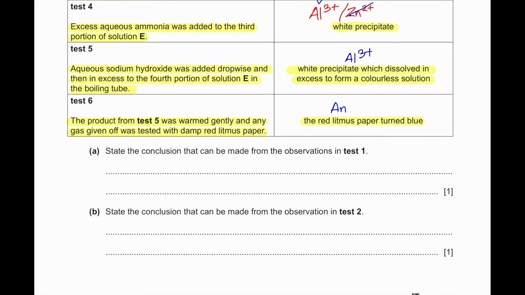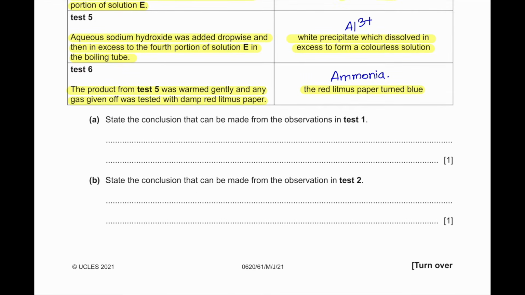Any gas that turns damp red litmus paper blue, technically for the IGCSE syllabus, should be ammonia. And the presence of ammonia is an indication that there was ammonium ion present in that particular salt.